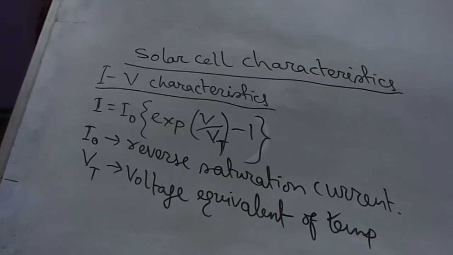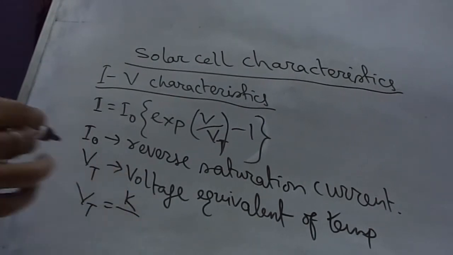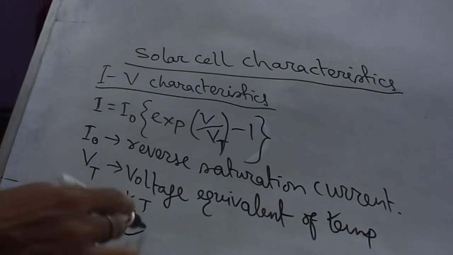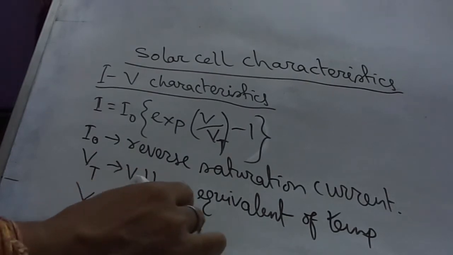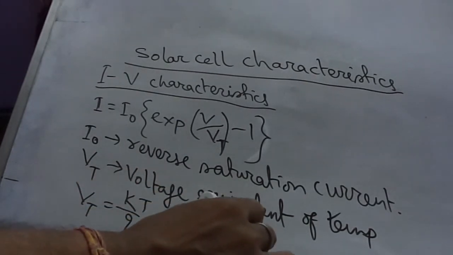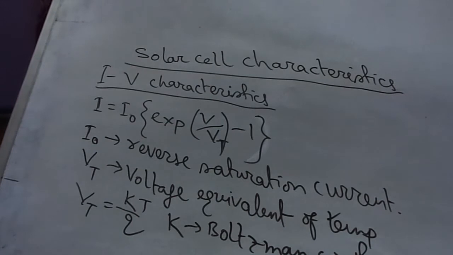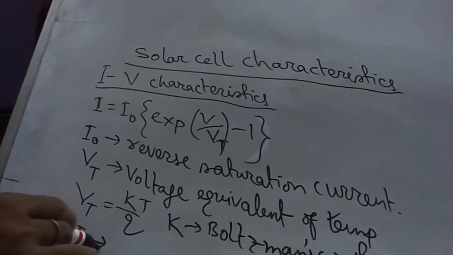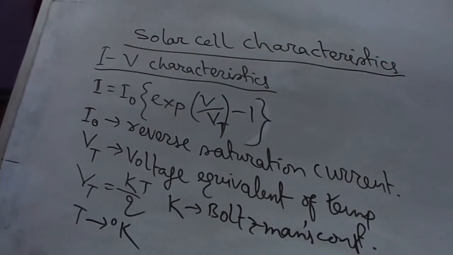Another relation: Vt is equal to KT by Q, where K is the Boltzmann constant and T is the temperature in degrees Kelvin.